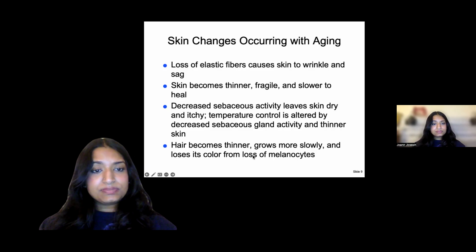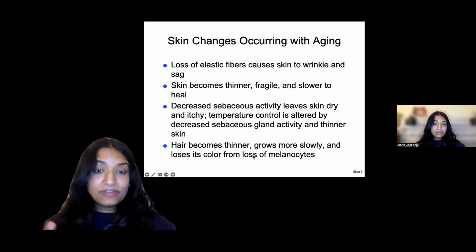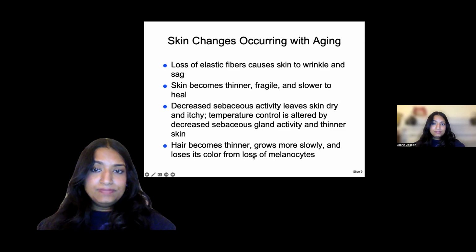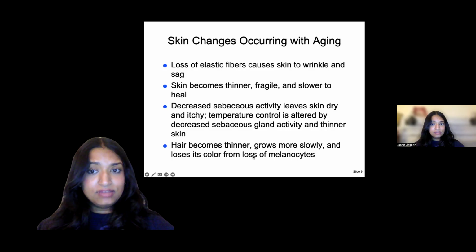So hair also becomes thinner. It grows more slowly. It also loses color, and this is coming from loss of melanocytes. Melano refers to color. You also want to think about how, over the course of your life, sunlight and UV rays affect your skin.